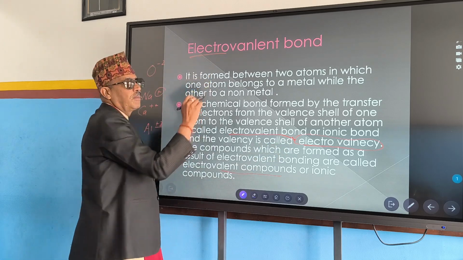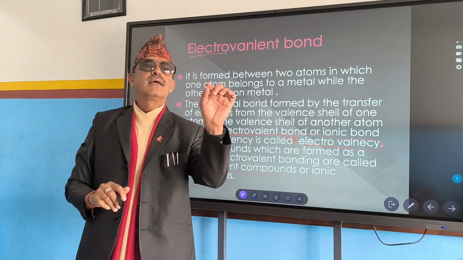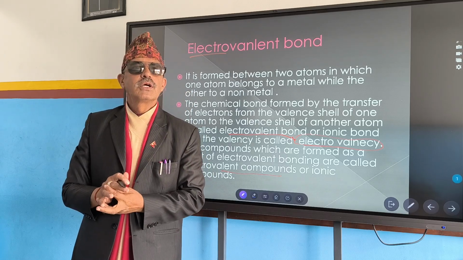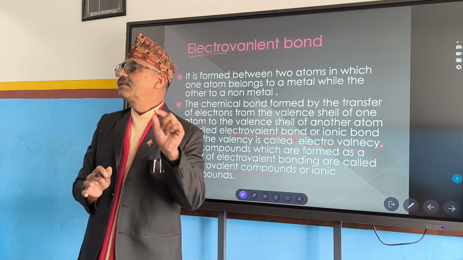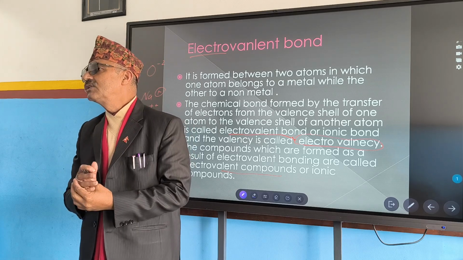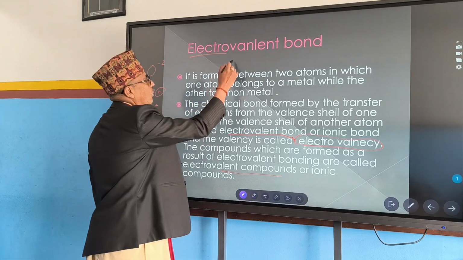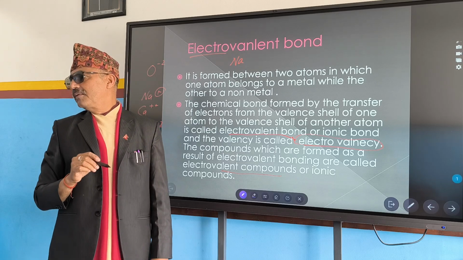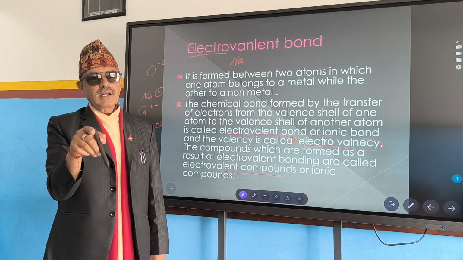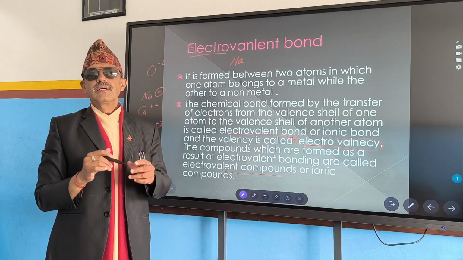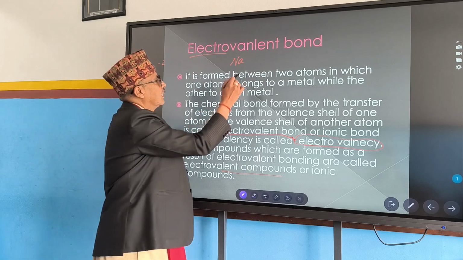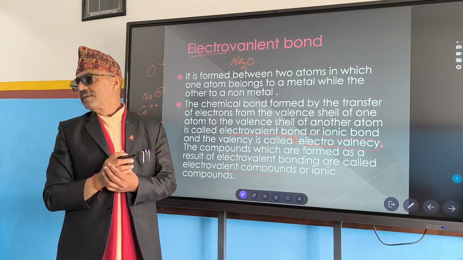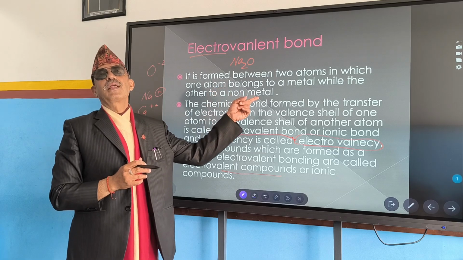In an electrovalent compound, the first element is metal, the second element is non-metal. Like Na, is it metal or non-metal? Earlier I just gave the chart. Metal. This is metal, Na. And oxygen, metal or non-metal? If so, it is an electrovalent bond.